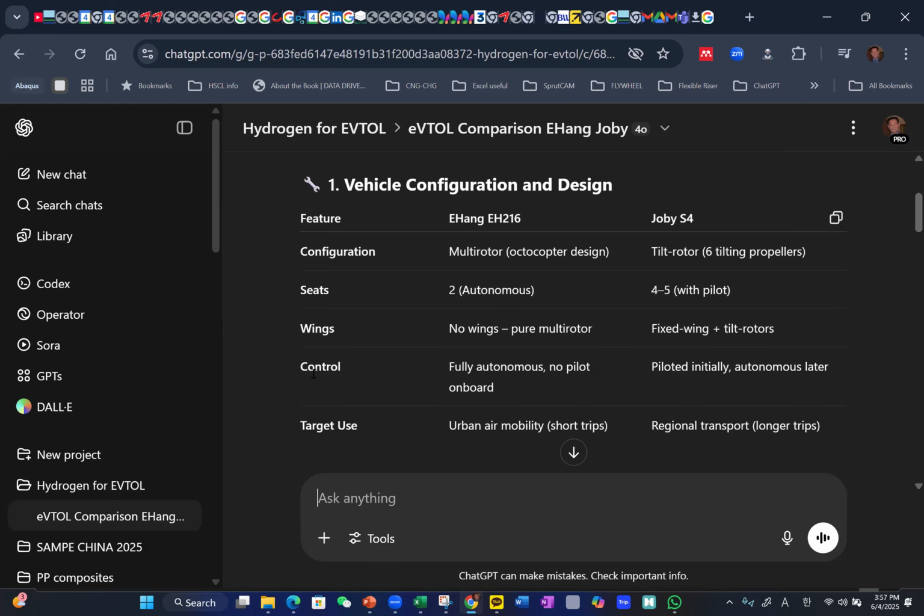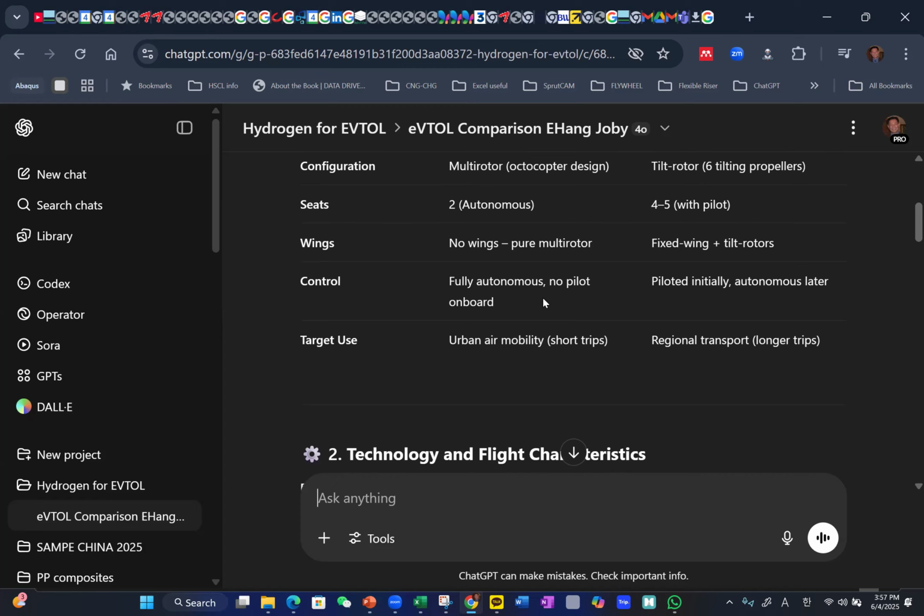And control: EHang is fully autonomous. Autonomous means that, as you watched, we don't need a pilot, and they have already fully developed these autonomous control systems, very similar to what's going on in autonomous driving vehicles.